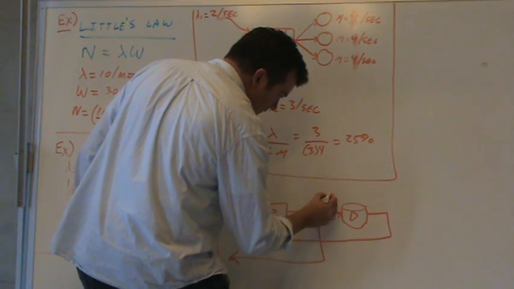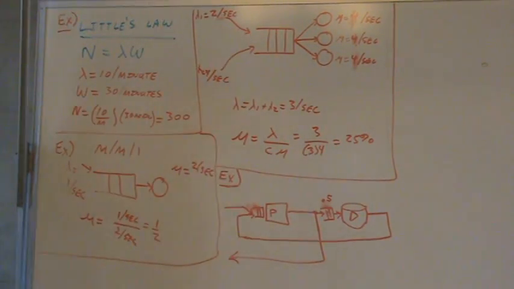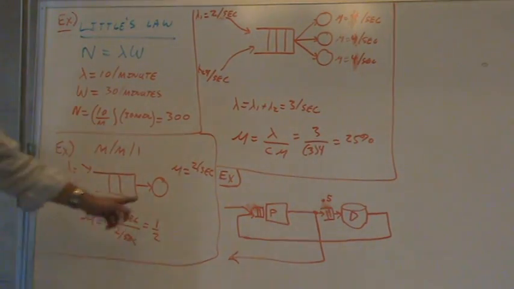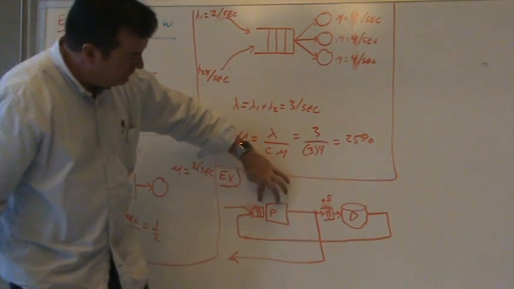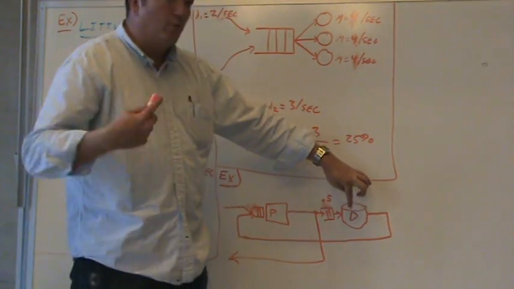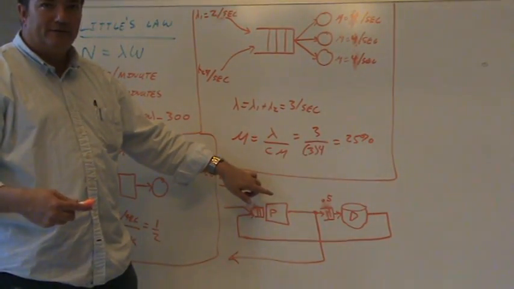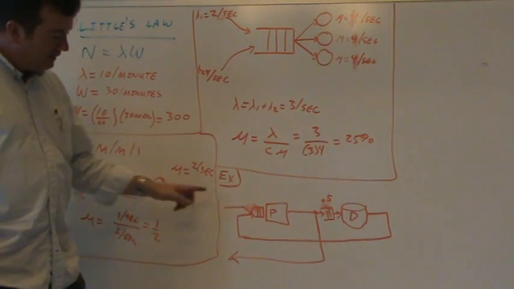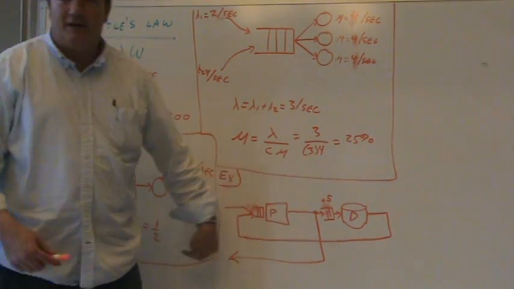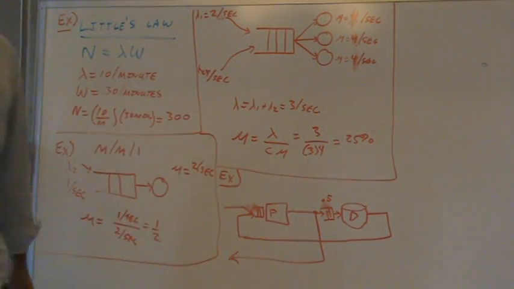Okay, so half the time, when we go to the processor, we get on the processor and start running. Half the time we have to go out to the disk drive, wait for the page to come in, and then go back to the processor again. And half the time when we're on the processor, we are finished. We're done. We exit the system.